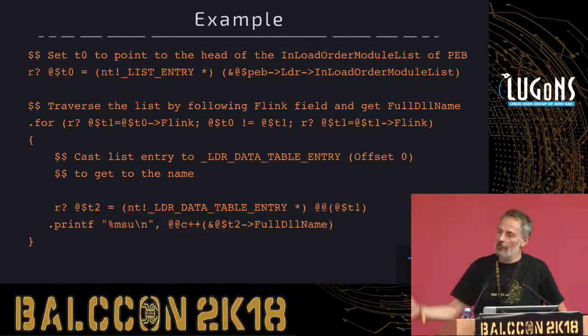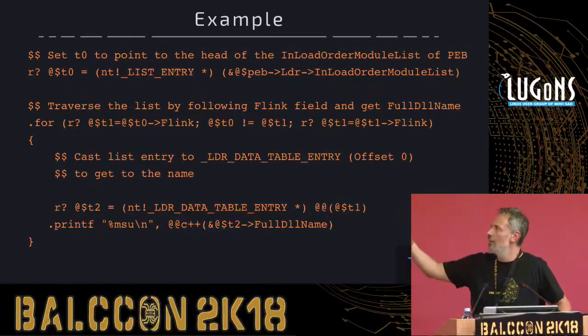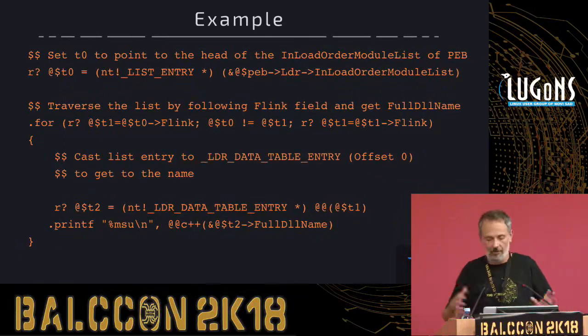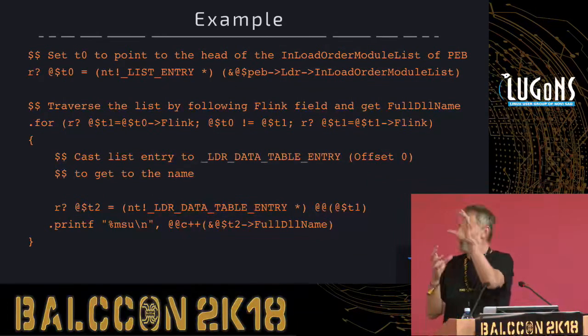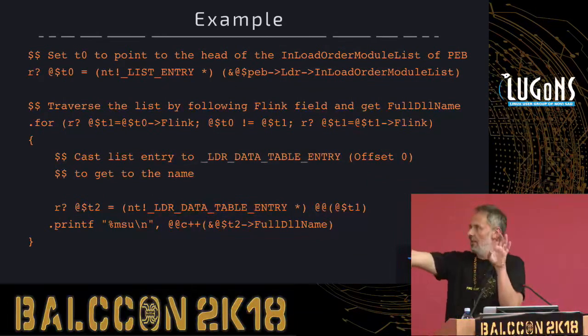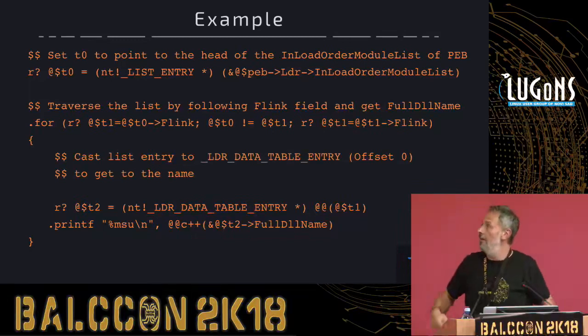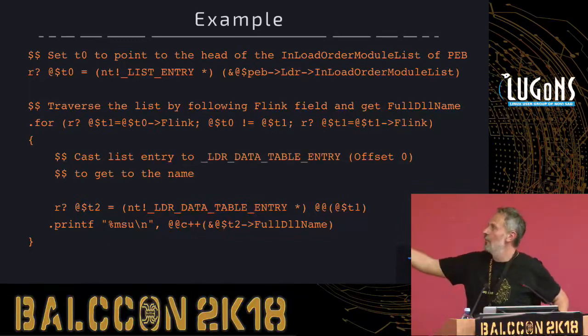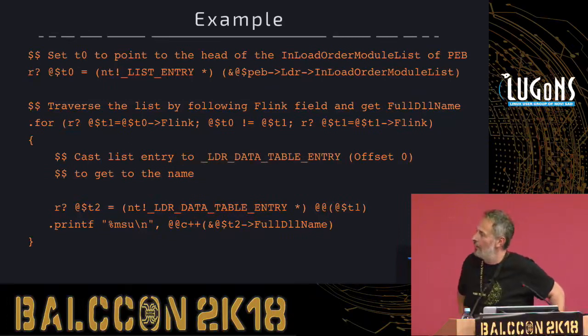So we are setting the pointer to the list of all the DLLs that exist in memory, and then we will traverse it forward. The linked list has forward and backward fields, which allows you to traverse the linked list in memory. Then you just do a for loop on the forward link, and eventually you print out the Unicode full DLL name.